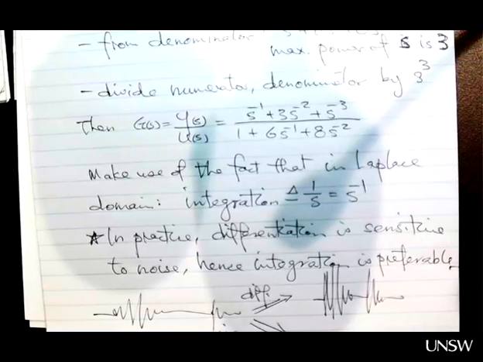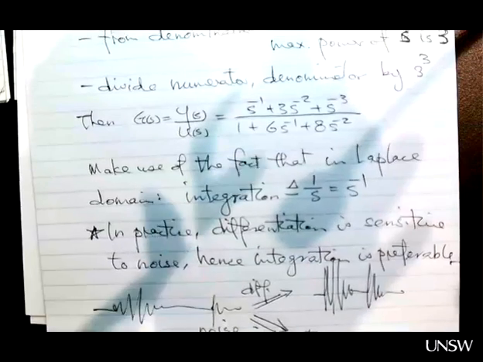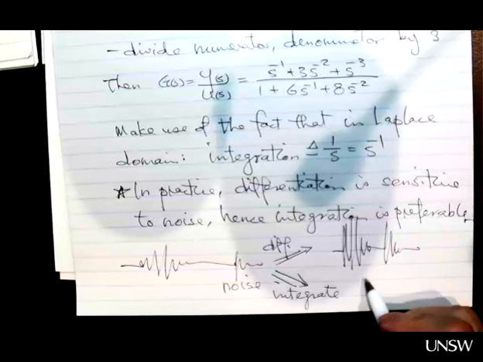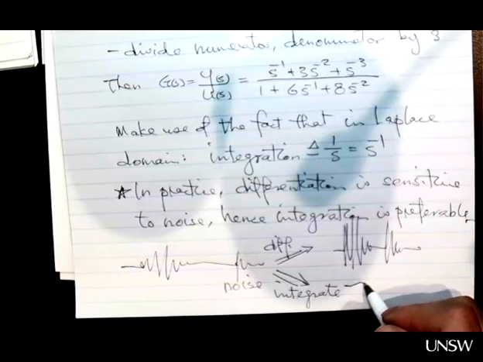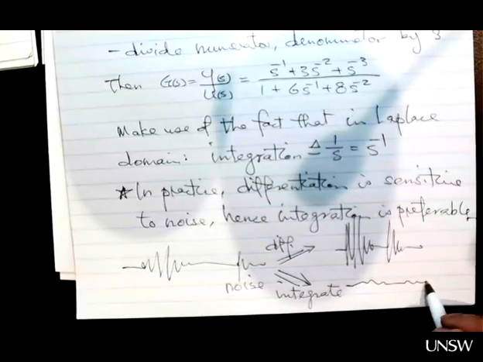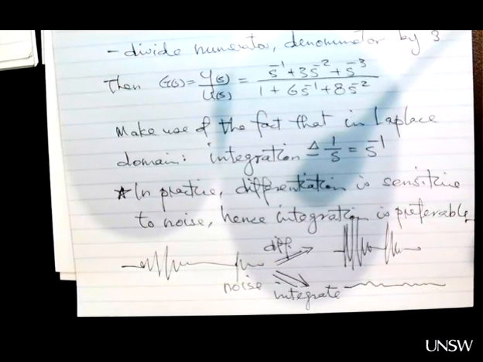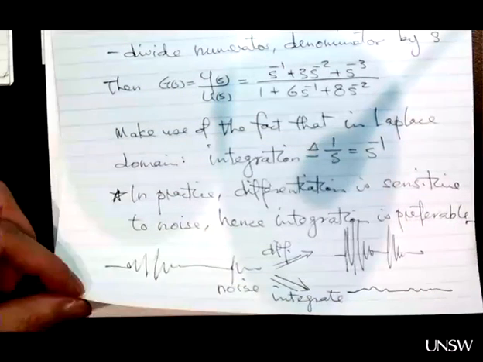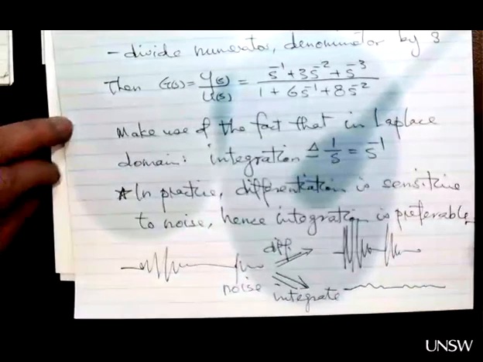And then if we integrate, it would become smoother. Right, see the difference here? The differentiation and integration, the integration is more preferable because of the noise effect. Okay, up to this point, is that okay?